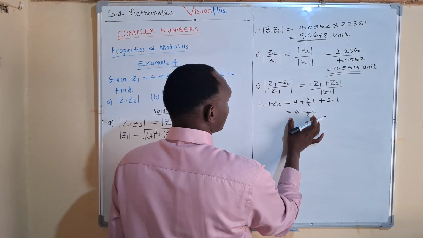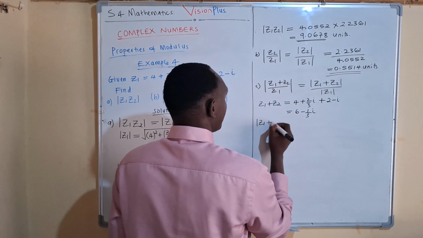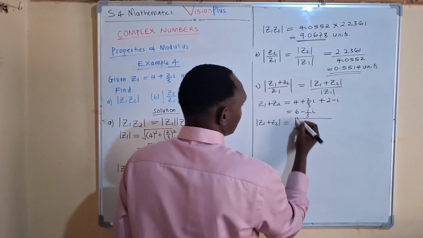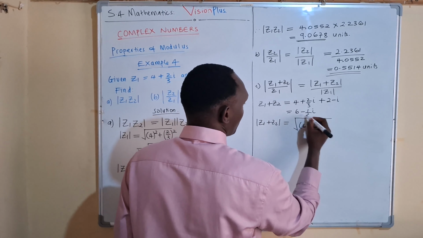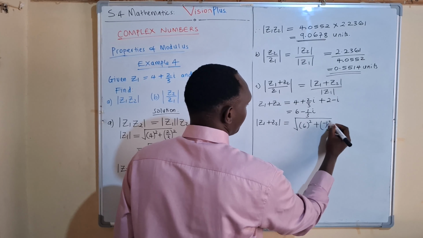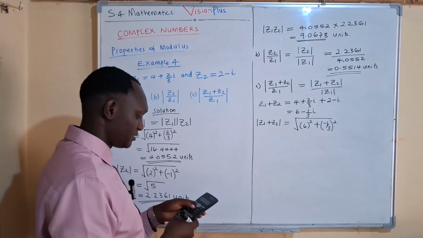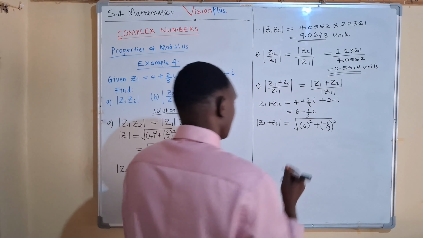Now from here, let's find the magnitude of Z1 plus Z2. Therefore, the magnitude of Z1 plus Z2 is the same as the square root of x squared plus y squared. x is 6, 6 squared, plus y. y is negative 1 out of 3, but we are squaring it. So 1 divided by 3 squared plus 36.